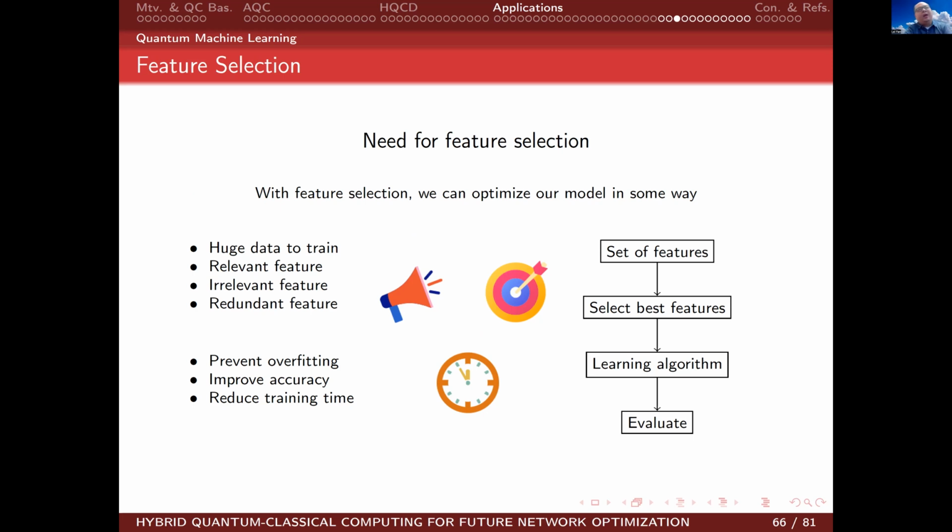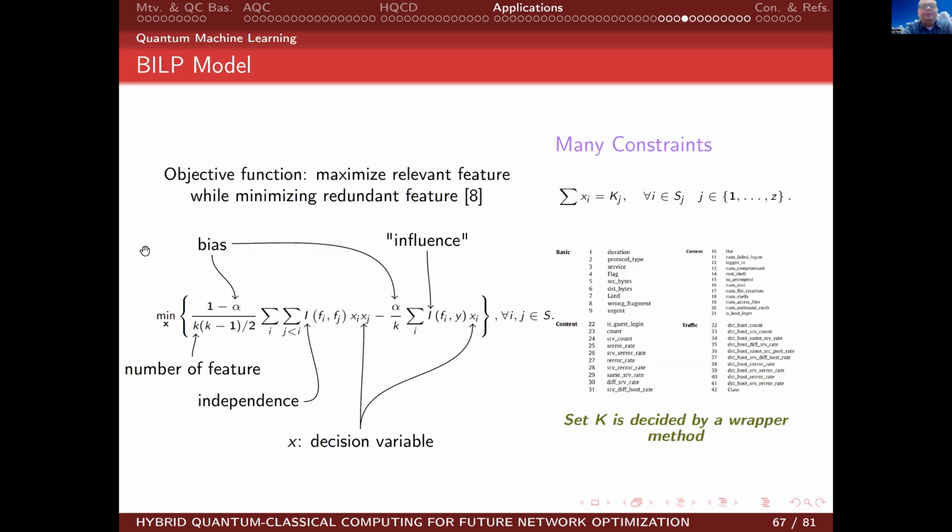You can imagine that the feature selection problem is a decision problem. The question is whether you want to keep this feature or throw it away. So this is a binary decision problem, and for it we can design an objective function as shown here.